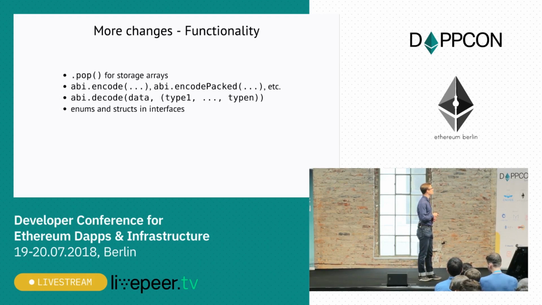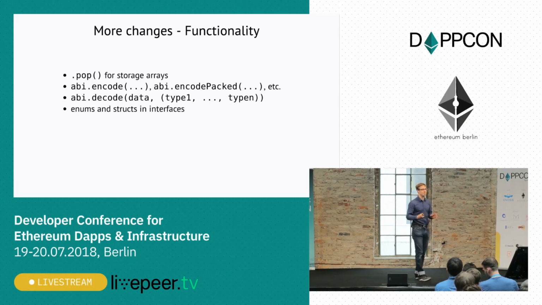And the decode function is written in a way where you pass a tuple of type names here, so that this might look a little weird on first sight, but I hope that it's quite practical to use. Then another feature that was often requested are enums and structs and interfaces.